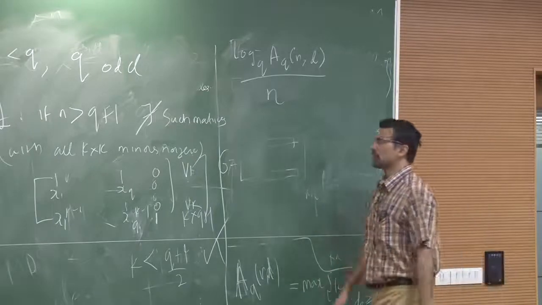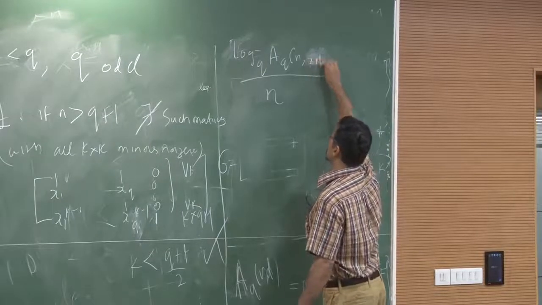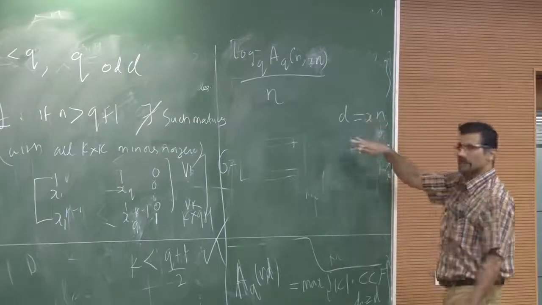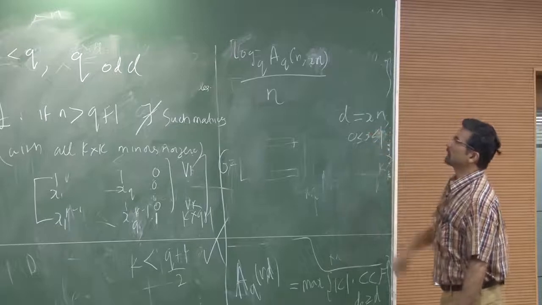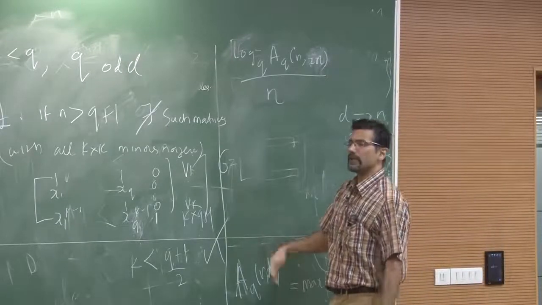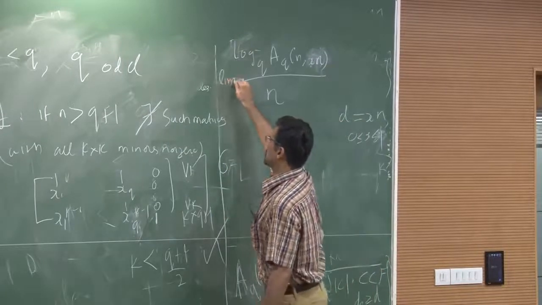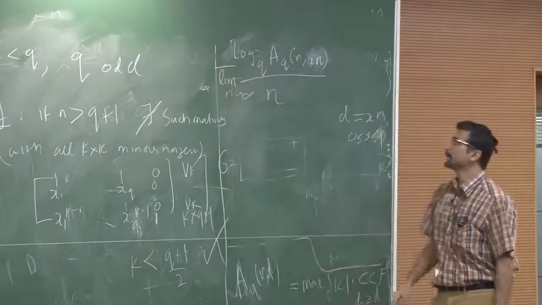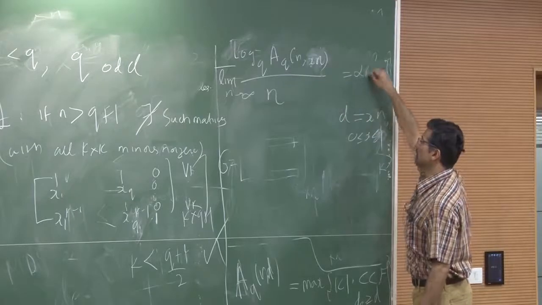So what's an asymptotic version of this problem? Let us say d over n is a ratio, call it x. x is between 0 and 1. Now you let n go to infinity, so you have control. But you don't know if it converges, so you take a lim sup as n goes to infinity, and you get a number between 0 and 1, so you get a function alpha of x.